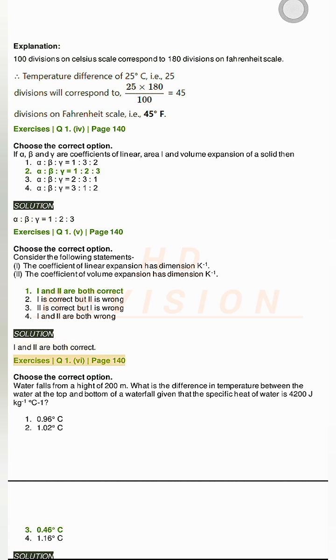Exercises Q1. VI, page 140. Choose the correct option. Water falls from a height of 200 meters. What is the difference in temperature between the water at the top and bottom of a waterfall, given that the specific heat of water is 4200 J kg^-1 °C^-1? 1. 0.96 °C, 2. 1.02 °C, 3. 0.46 °C, 4. 1.16 °C.